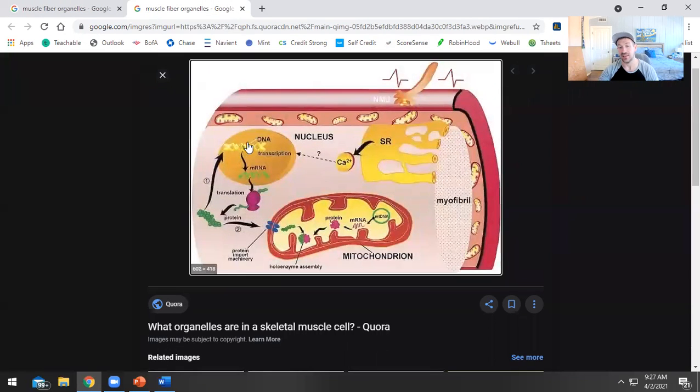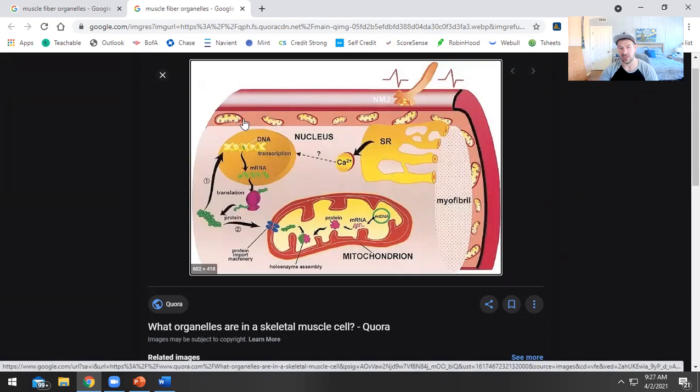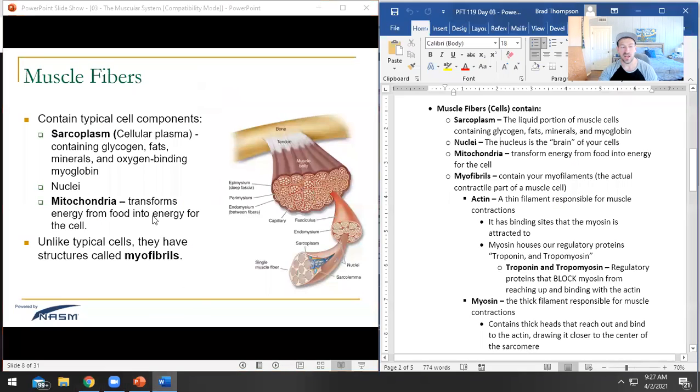You can see here there's a little nucleus in there, and then there's our mitochondria, a much larger blown-up version of the mitochondria. There's your nuclei, telling your muscle cell how it's supposed to grow, giving it something to control.